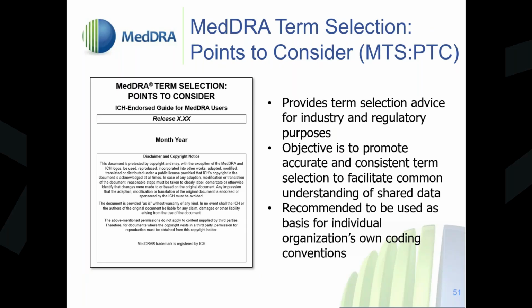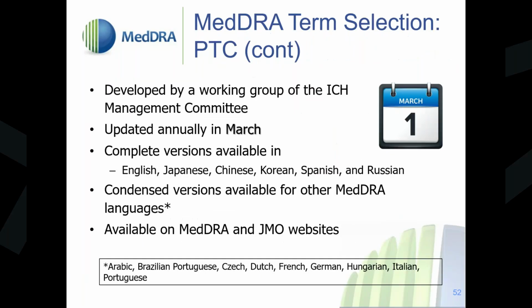These ICH-endorsed guidelines are developed by a working group of the ICH Management Committee, and they are updated every March. They come out in complete versions in maybe six or seven languages, and we also have them available in condensed versions on the website.